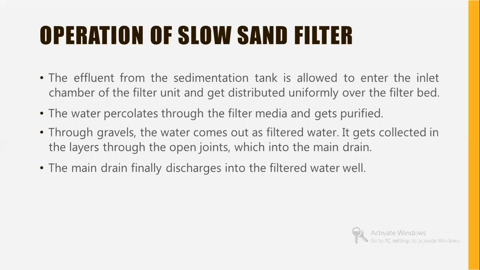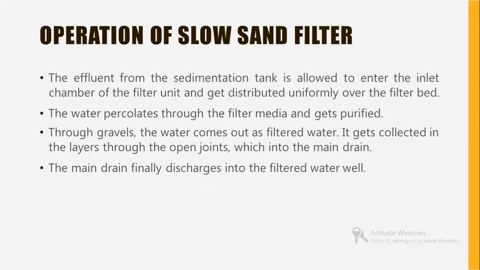Operation of slow sand filter. The effluent from the sedimentation tank is allowed to enter the inlet chamber of the filter unit and gets distributed uniformly over the filter bed. The water percolates through the filter medium and gets purified.